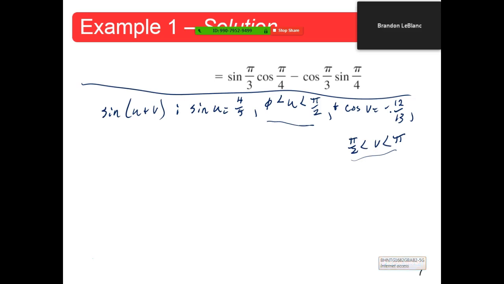If you remember the acronym, all students take calculus, or all state technical college, however you want to say that. All the trig functions are positive in the first quadrant. In the second quadrant, only sines and cosecants, its reciprocal, are positive, so cosine is negative there.